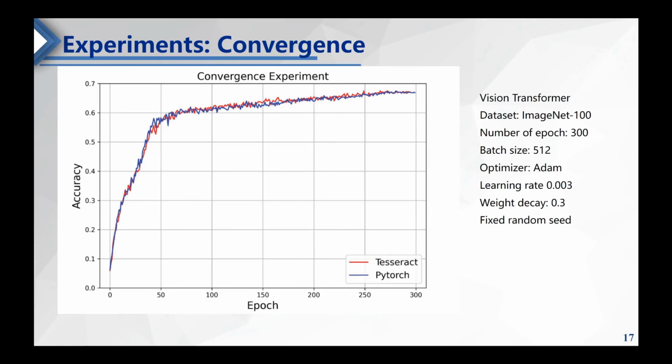To control the variables, we fixed random seeds and initialization methods for this experiment. The training dataset is ImageNet 100. According to our accuracy results, Tesseract does not affect the model accuracy.